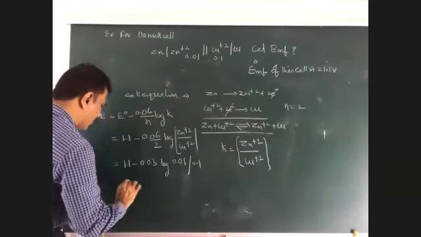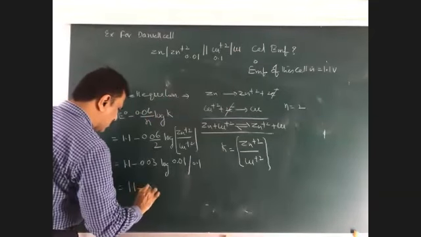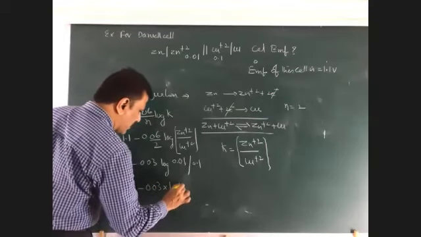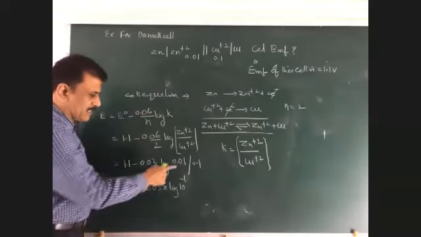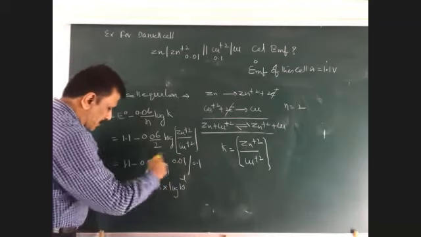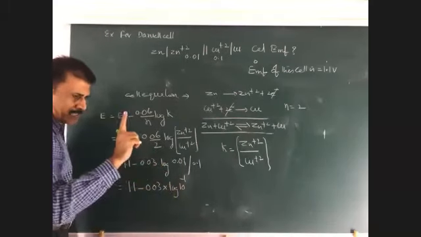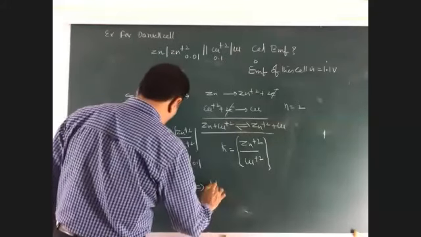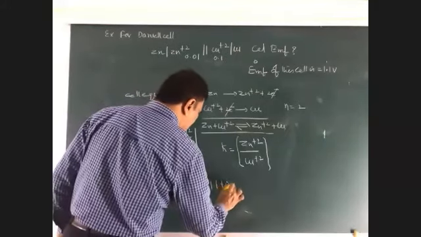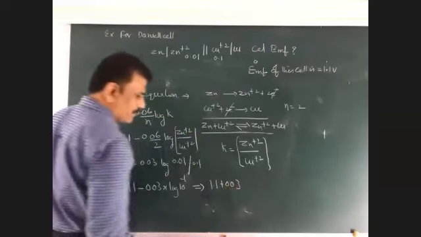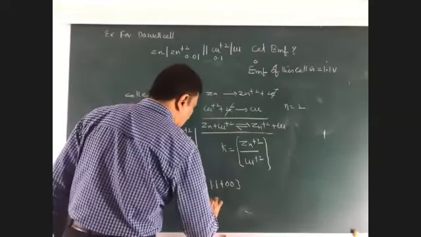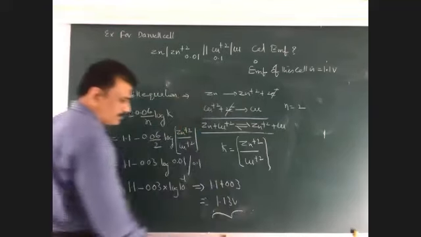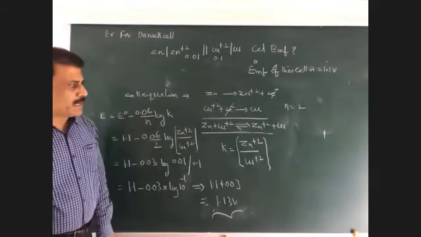So this value is 1.1 minus 0.03 into log 10 power minus 1. Minus of minus plus, log 10 becomes 1. Therefore, this value becomes 1.1 volt plus 0.03. Therefore, the total value becomes 1.13 volts.